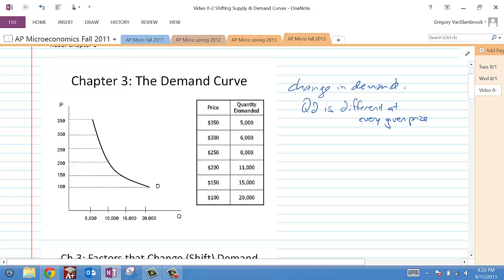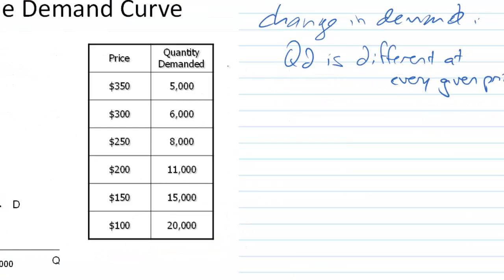That's a change in demand. And here's our example using these numbers. Let's say that instead of 5,000 tickets demanded at a price of $350, the number of tickets demanded at $350 was 7,500. And let's go down the line and say that the quantity demanded is 2,500 higher at every price.